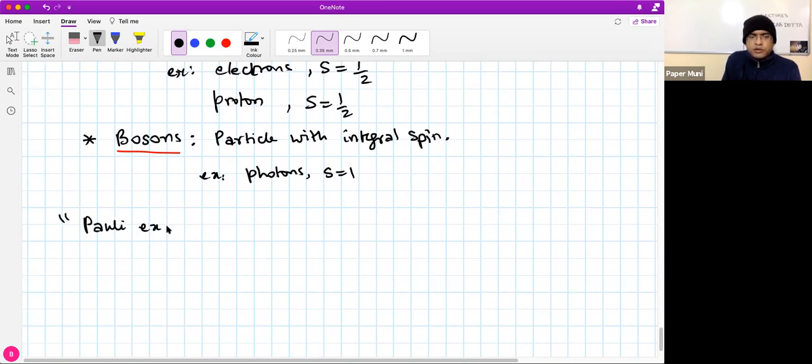Now we'll discuss spin in detail when we start with the extra syllabus, which is for GATE and CSIR-NET. Okay, we don't require it here to discuss spin in detail.